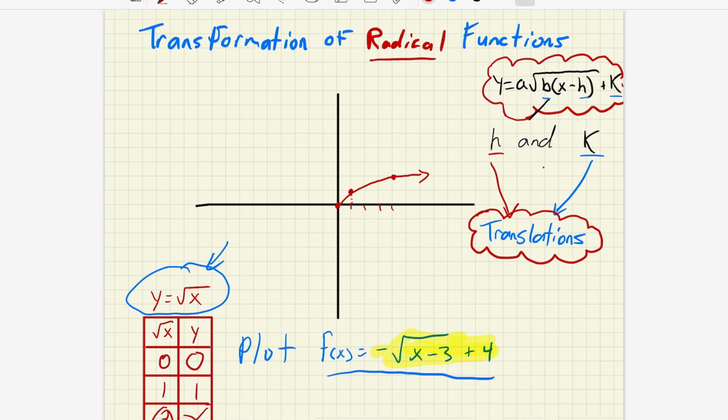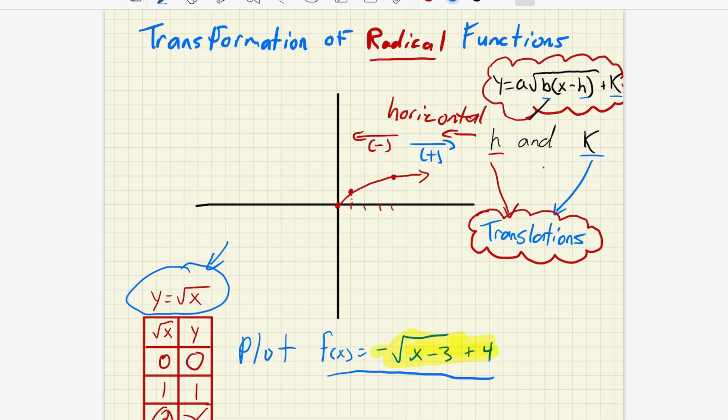And finally, the H and K pertain to what we call translations. The H corresponds to horizontal translations. And so that would determine whether the graph moves to the left if it's negative, or to the right if it's positive, if the H value is positive.